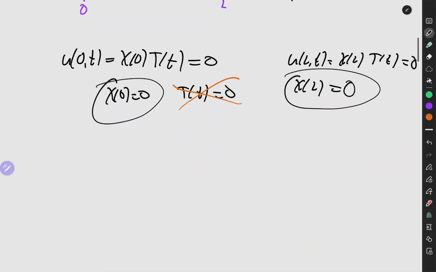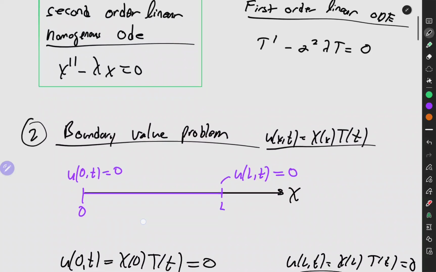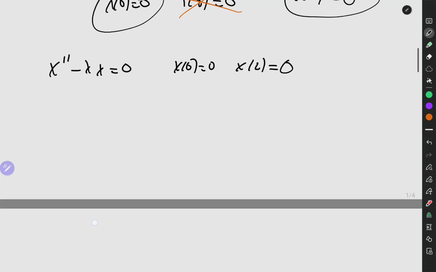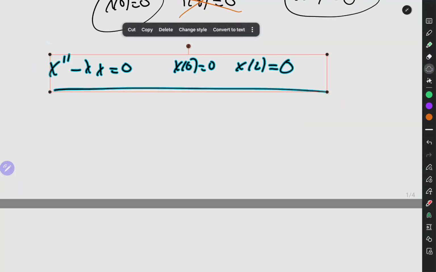So now for the boundary value problem, we have the second order homogeneous ODE, X double prime minus lambda X equals 0. And we have the boundary conditions for the beginning and end of the rod. Let me move this down here to the next page.